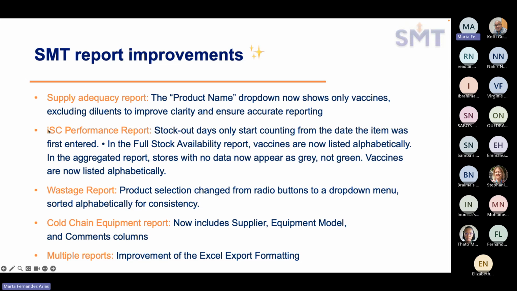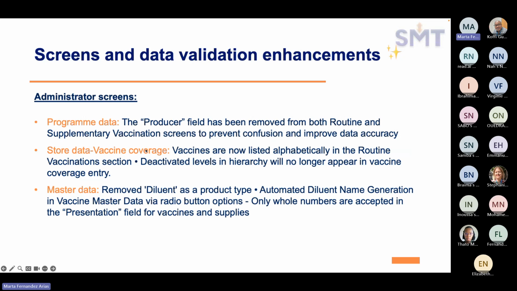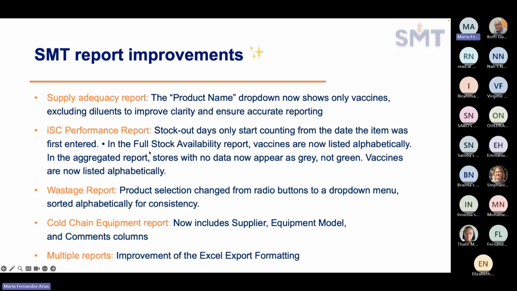On the immunization supply chain performance report, we have the indicator which is the stockout days. That now they only start counting from the day the item was first entered. So I will explain this.